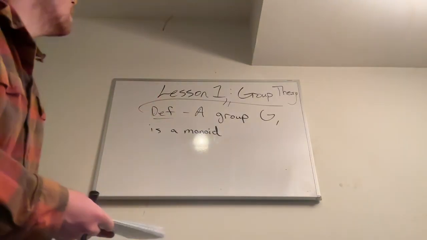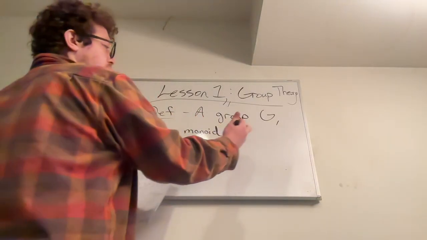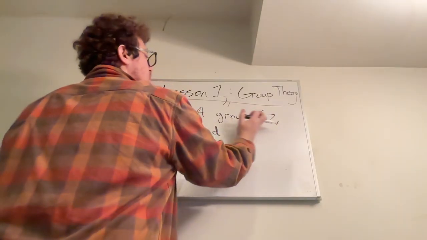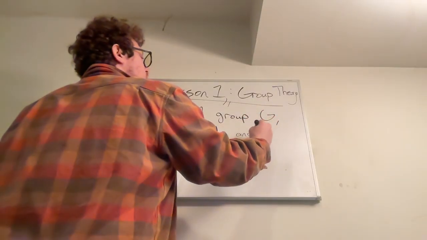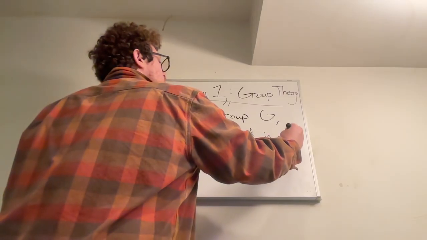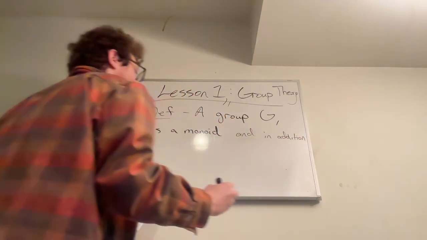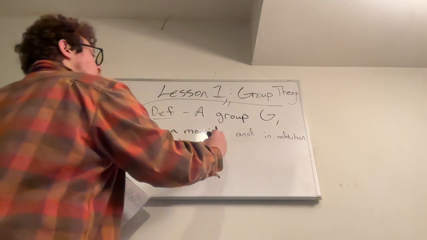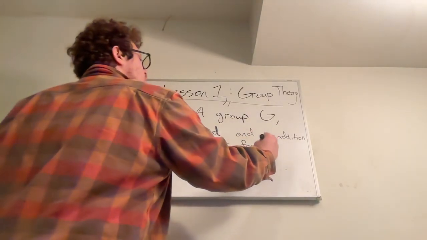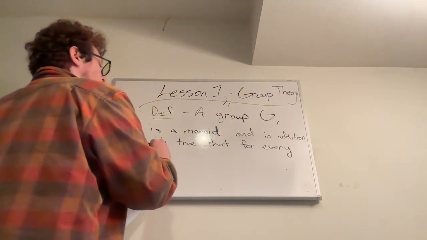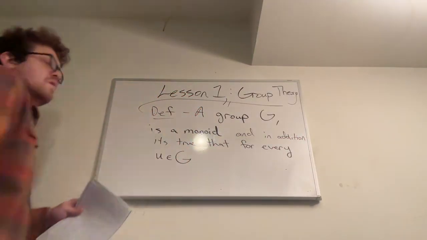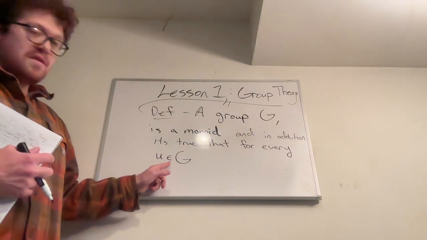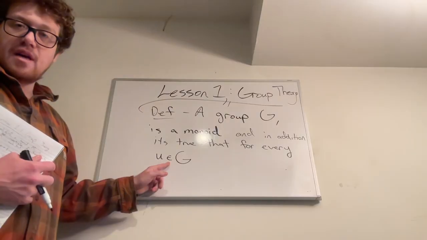So group G is a monoid, and in addition, it's true that for every U in the group, (again, if you're just watching this and you don't know what this symbol means, this is just set theory, this is an element of, right?)